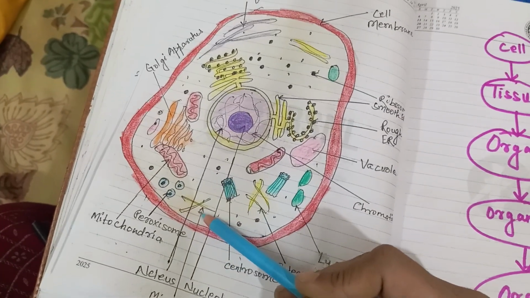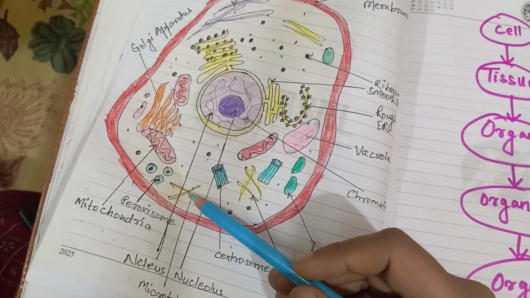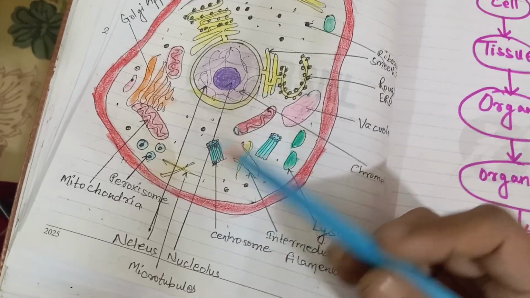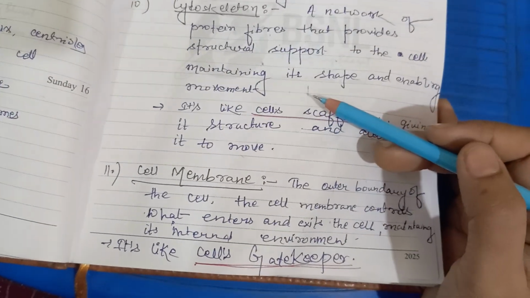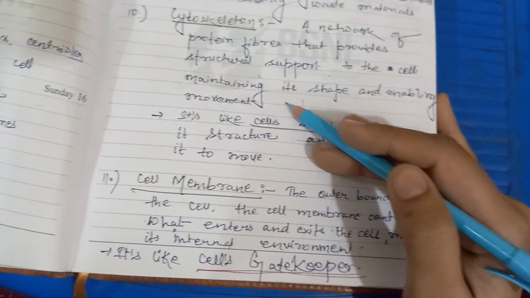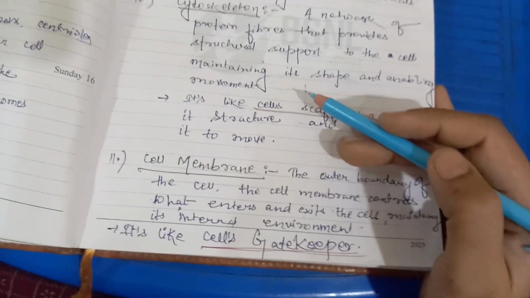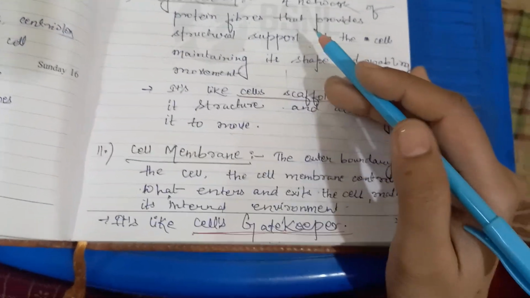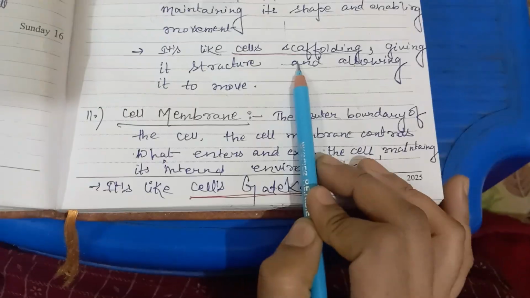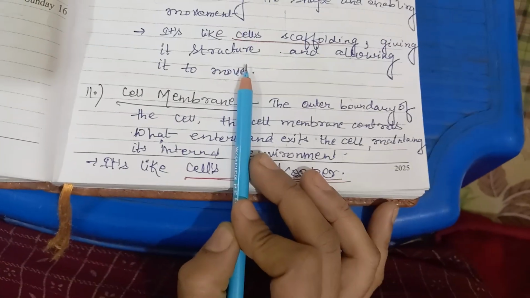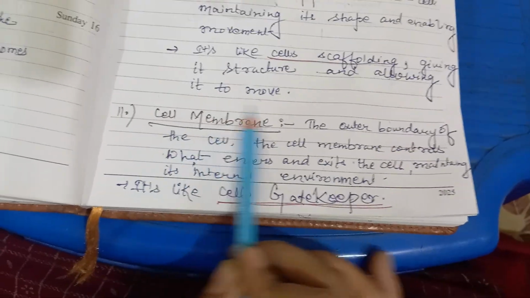The microtubules are hollow, you can say protein tubules, and these three are used in the locomotion or movement of the cell, and also the transfer of protein from one place to another, or the destination. So this cytoskeleton is also called the cell's scaffolding, and it gives structure and allows it to move.